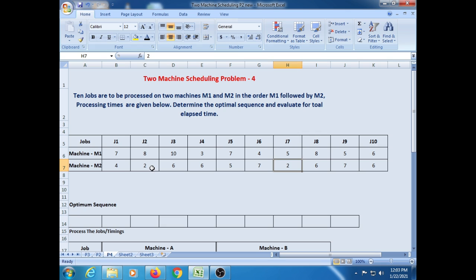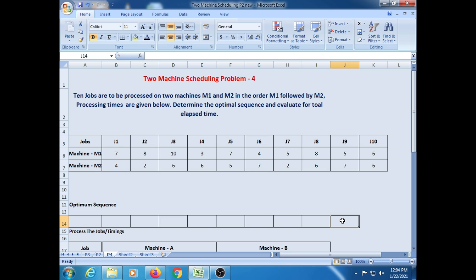I think you know, if the processing time relates to machine 2, then that job will be placed from right to left, or at the end of the optimal sequence.